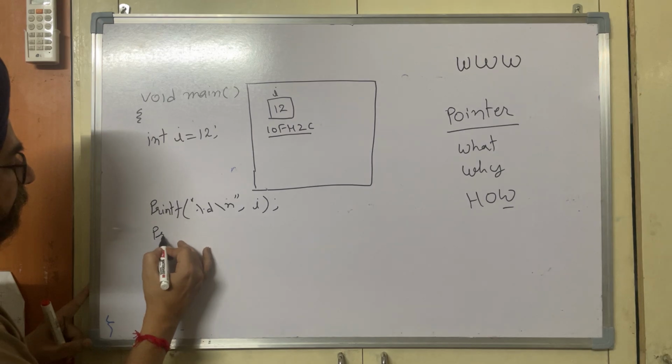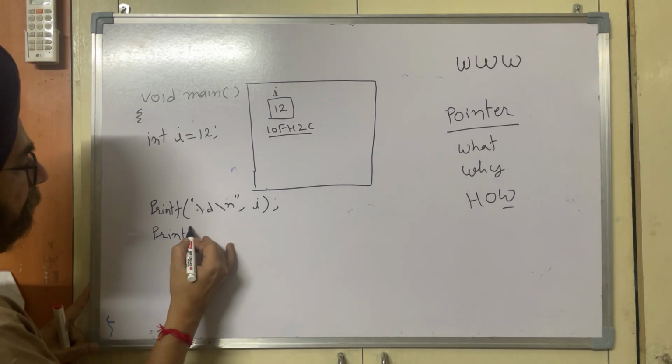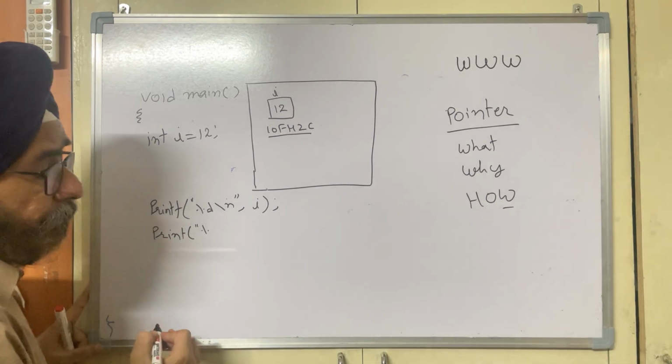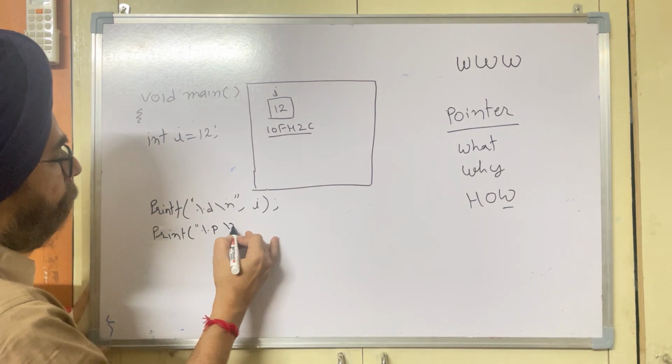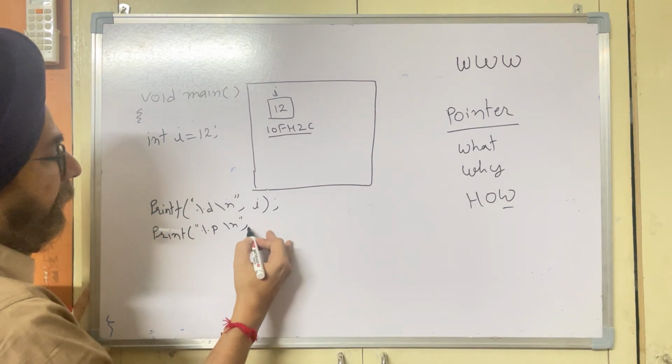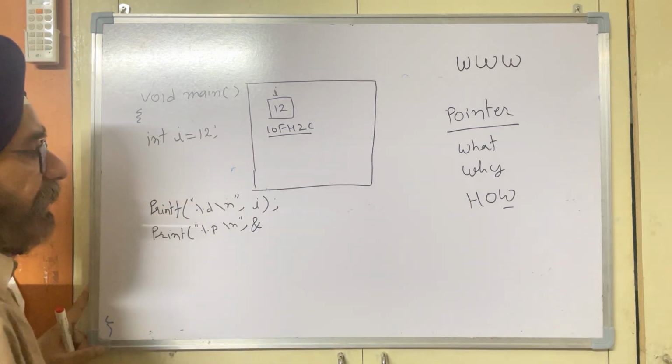So I am printing the address of it. For printing the address, we need the %p format specifier and this address operator, the ampersand.